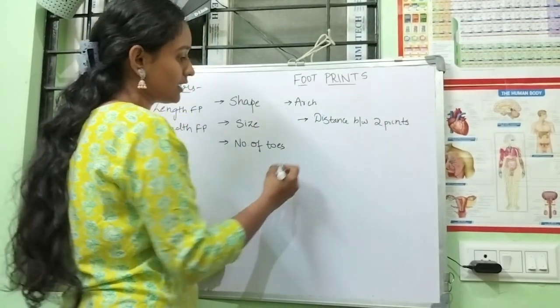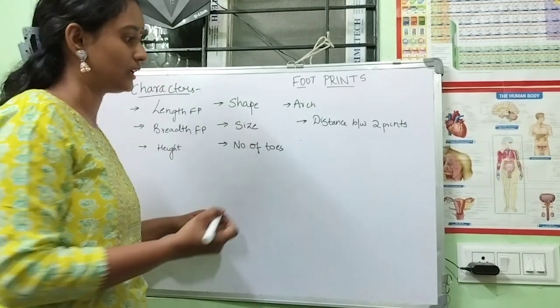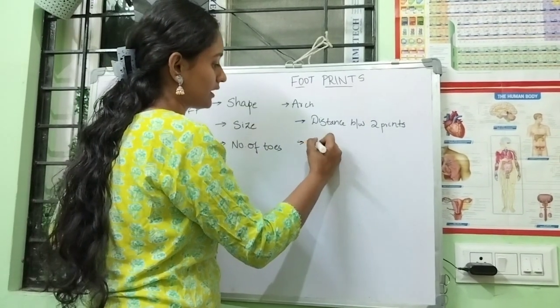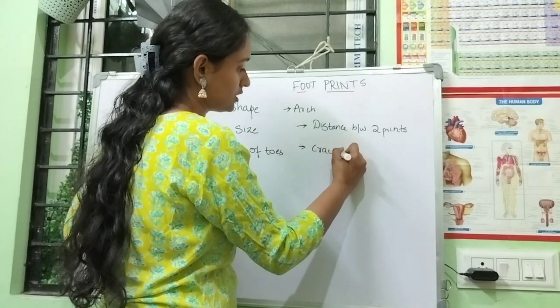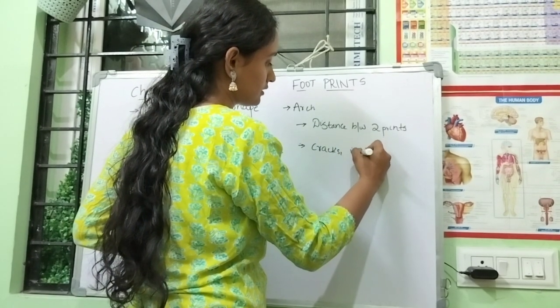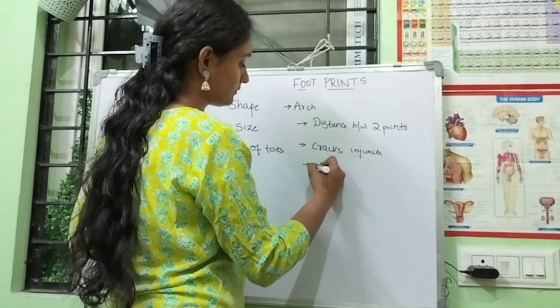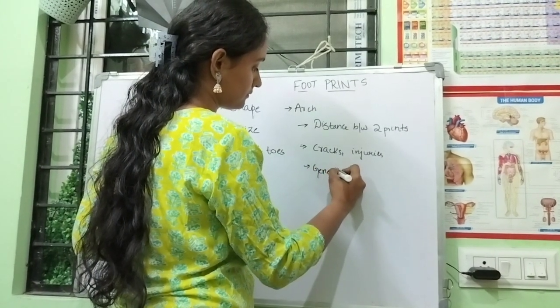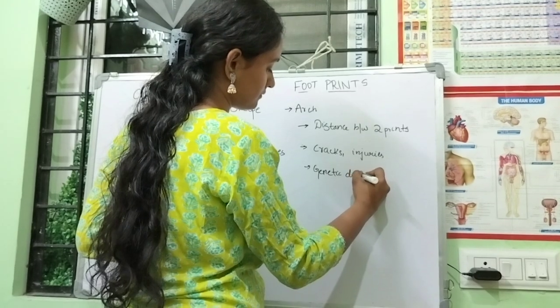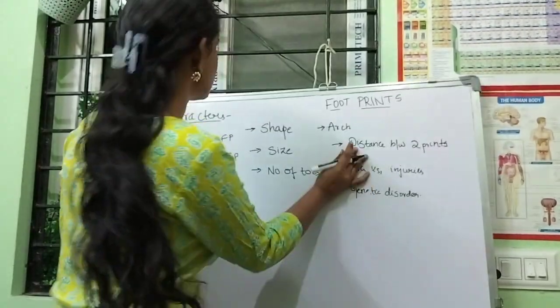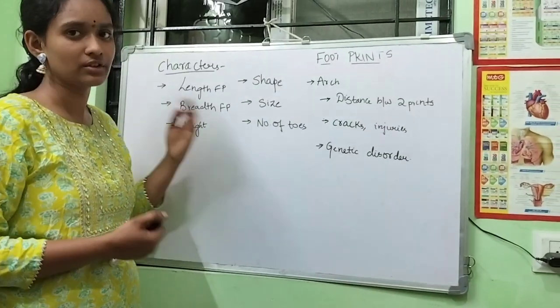And their characteristics normally, like if they have any cracks, injuries, or any genetic disorder. These are the characters of the footprint.